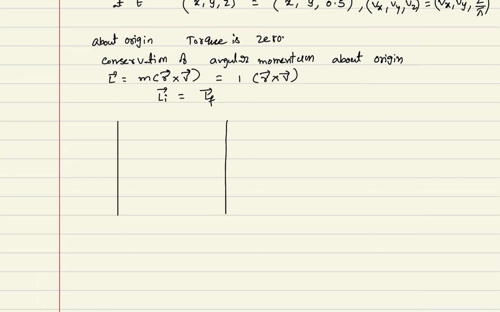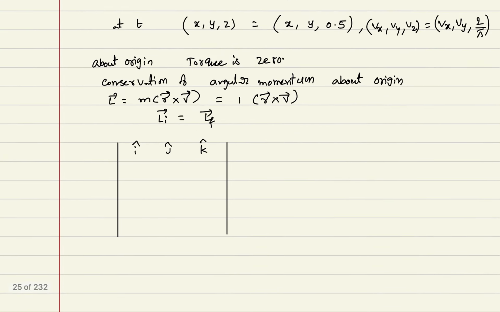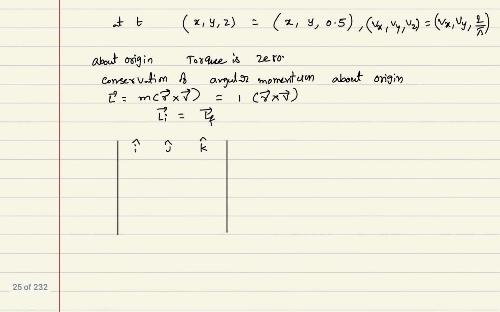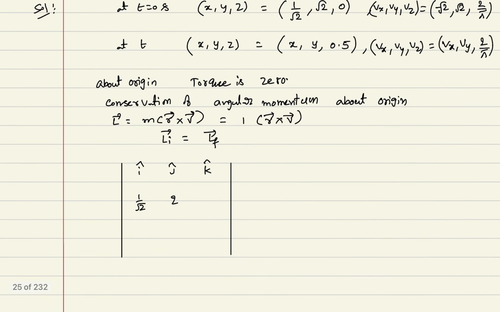Let us consider the initial values here, with i cap, j cap, k cap. Initial r bar values are 1 by root 2, root 2, 0. Initial velocities are minus root 2, root 2, 2 by pi.